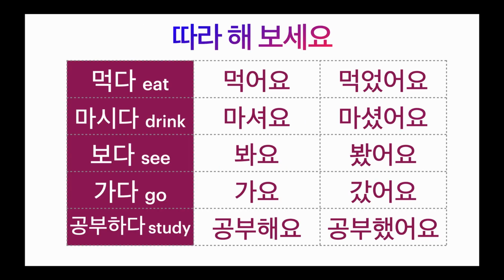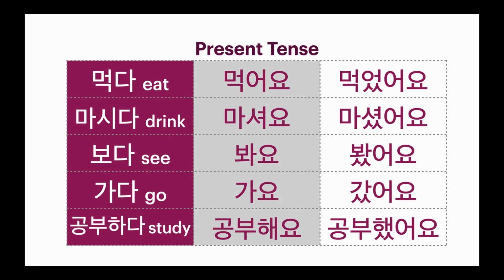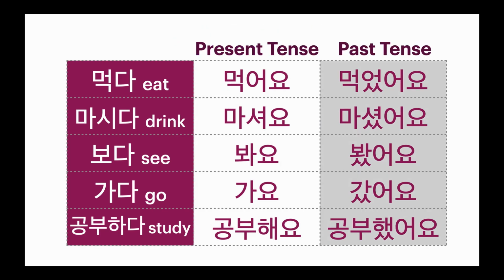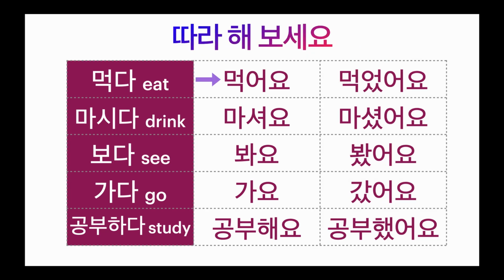We've got a chart here with the dictionary form on the left, and then we've got present tense and past tense. 따라해보세요. 먹어요. 먹었어요. 마셔요. 마셨어요. 봐요. 봤어요. 가요. 갔어요. 공부해요. 공부했어요.